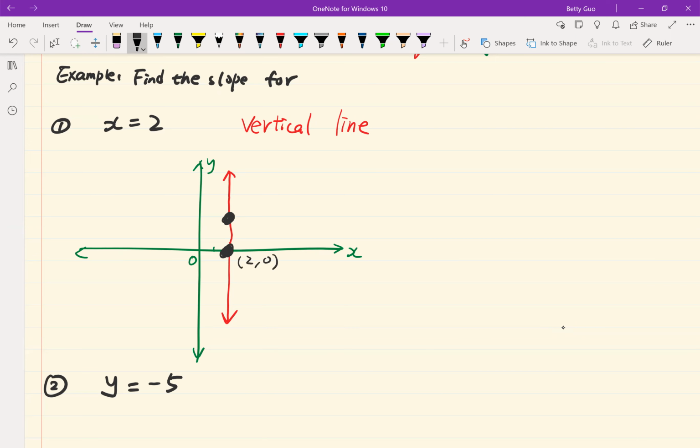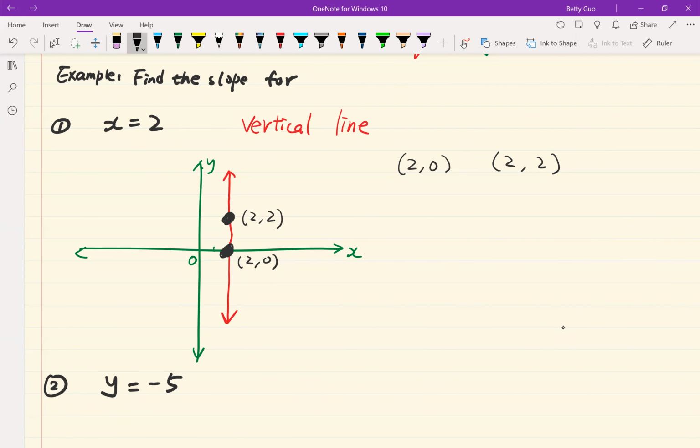The point above it is (2, 2). Do you agree those 2 points are on the line? So the 2 points are (2, 0) and (2, 2). We got 2 different points on the vertical straight line. We are looking for the slope of the line.